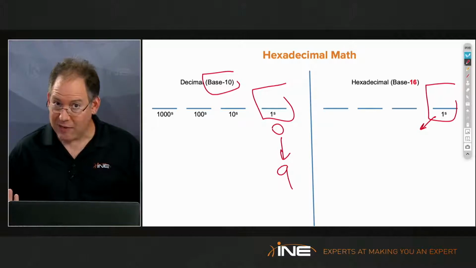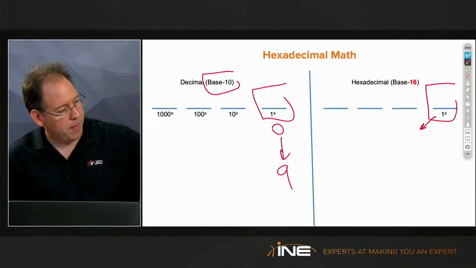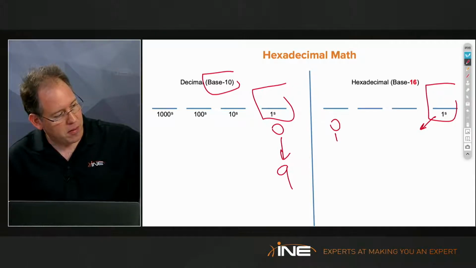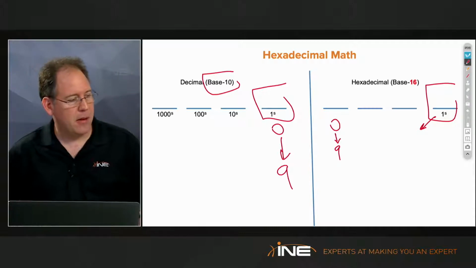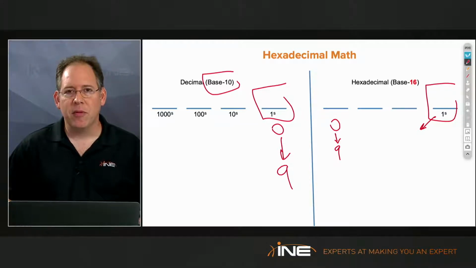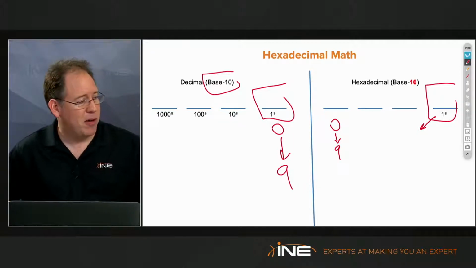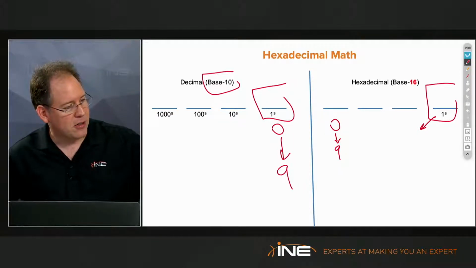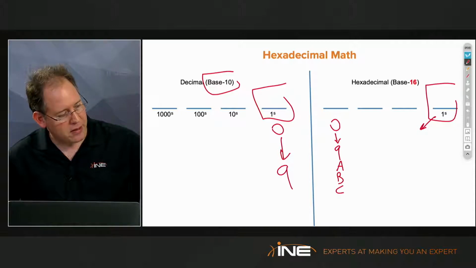Well, the first 10 of them are what you already know. 0 through 9. That covers the first 10. Well, what about the last 6? What do those look like? At this point, we start using letters. So I could actually put into that spot right there the letter A, or B, C, D, E, or F.